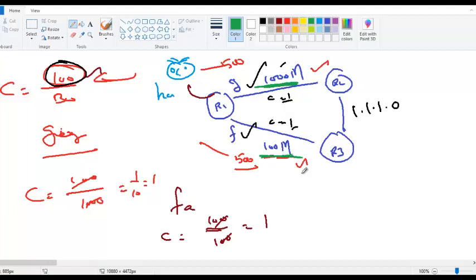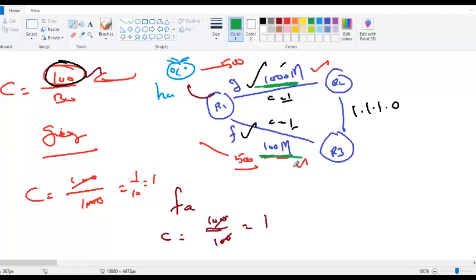OSPF cannot differentiate. Did you understand the problem up to now? Yes, sir, got it. So there are two ways to solve this.